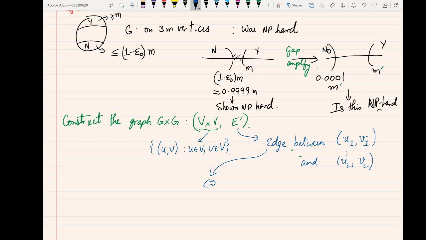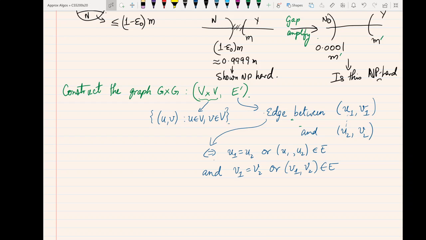So this edge exists if and only if u1 is equal to u2 or u1 u2 is an element of the edge set of the graph, and v1 is equal to v2 or v1 v2 is in the edge set of the graph. Okay, so now if your original graph had some n vertices, then G cross G has n squared vertices, with edges defined accordingly.